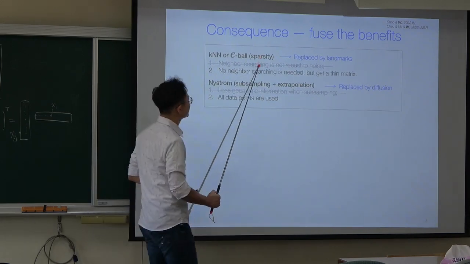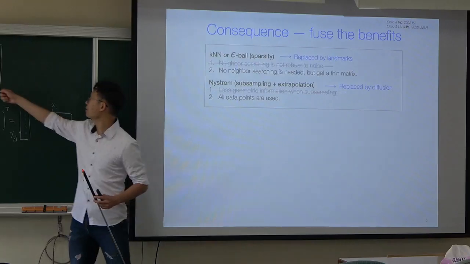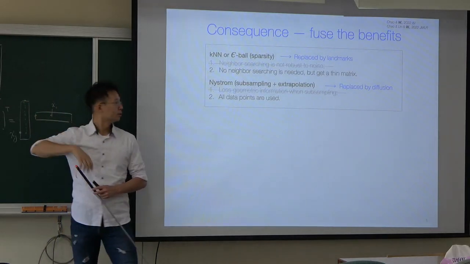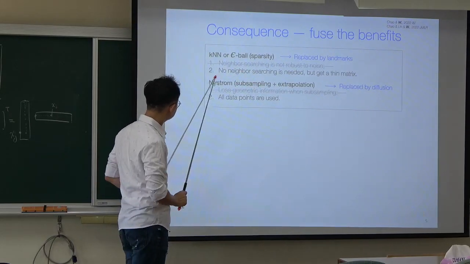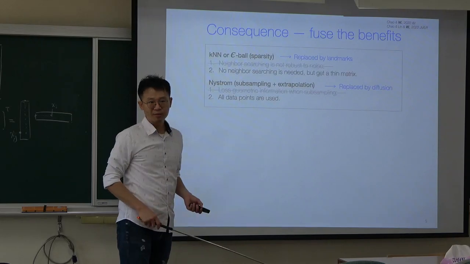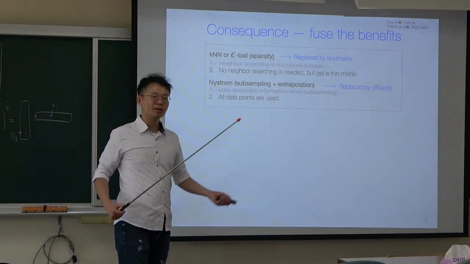This sparsity is actually replaced by landmarks. Right? You somehow make the matrix smaller instead of large. Second, in particular, you don't need to find neighbors. There's no neighbor searching. So even if the noise is big, you don't need to worry.